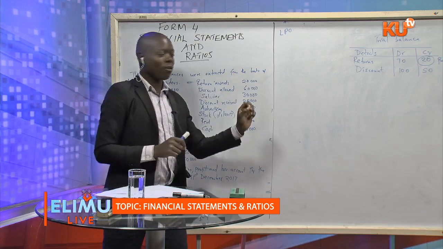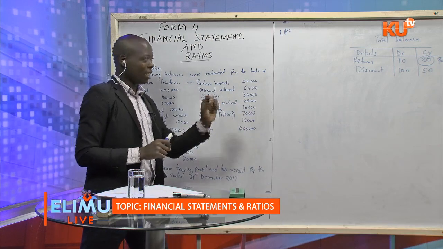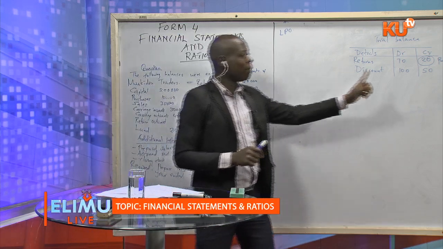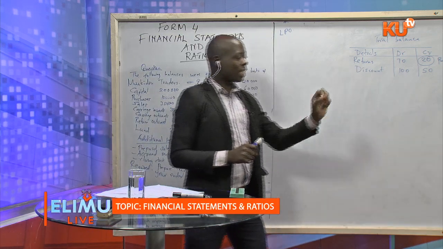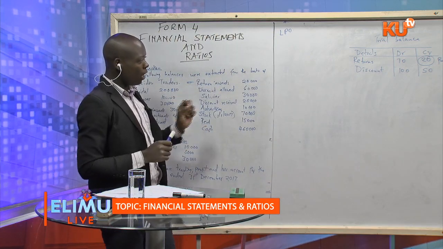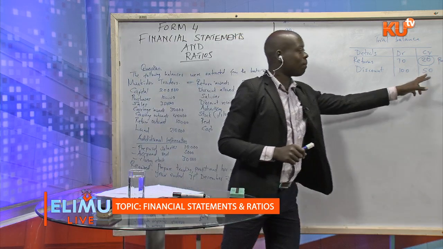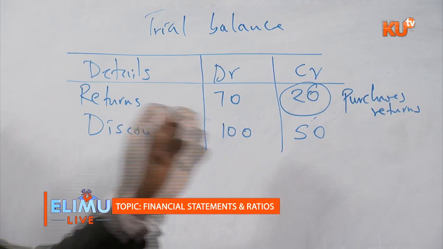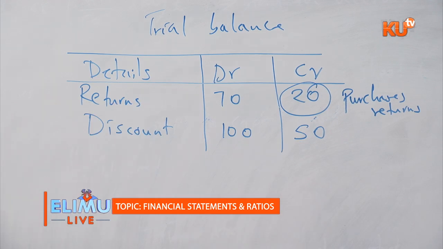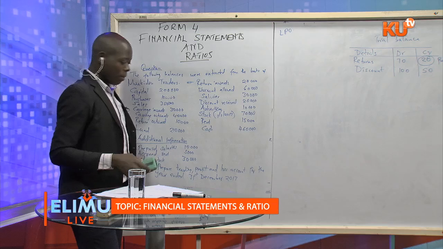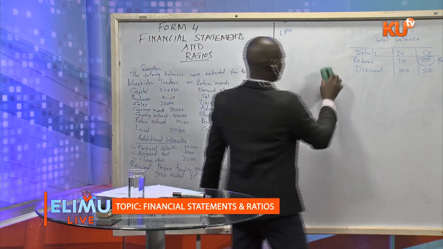A discount allowed by the business is an expense, and all expenses have debit balances. A discount received by a business is an income, and all incomes or revenues have a credit balance. So you'll be able to tell this is discount allowed and this is discount received. That is how we identify such tricks that the examiner may bring to students.